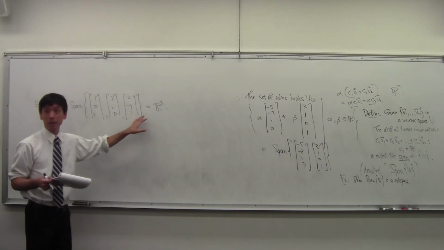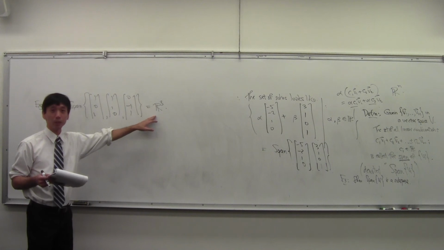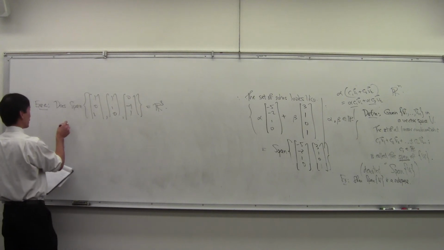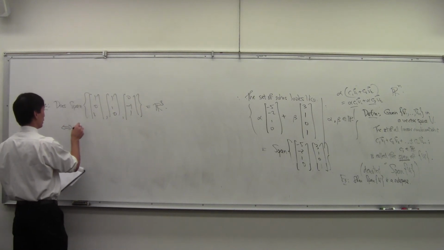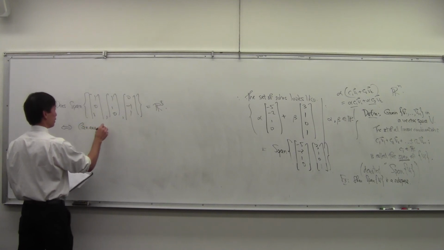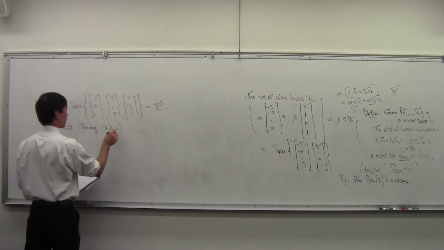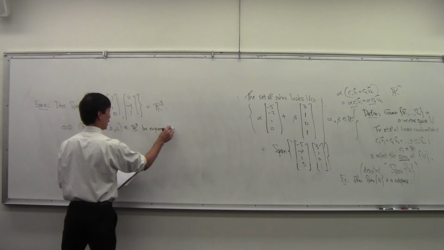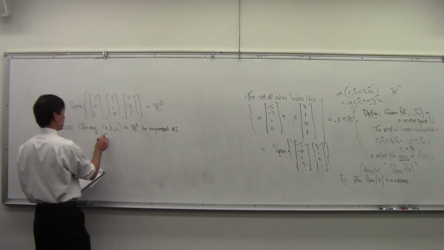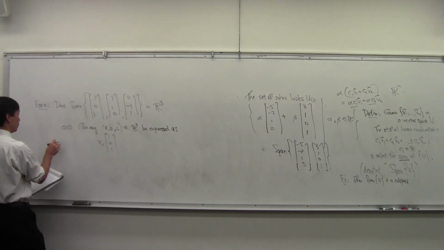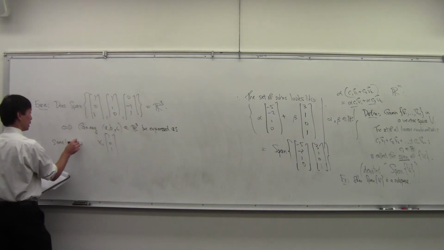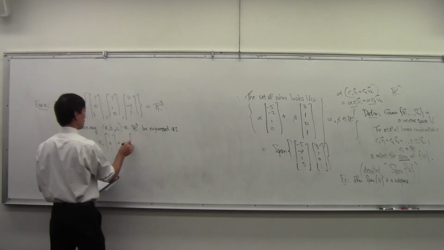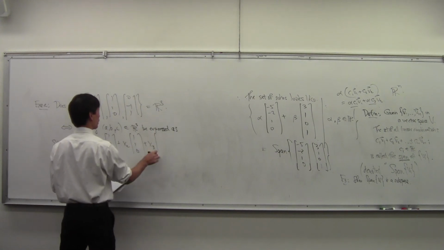So this is asking, is everybody in the vector space expressible as a linear combination of these three vectors? Okay. So in other words, the question is, can any vector ABC in R3 be expressed as some linear combination, x1 times the first guy plus x2 times the second guy plus x3 times the third guy?